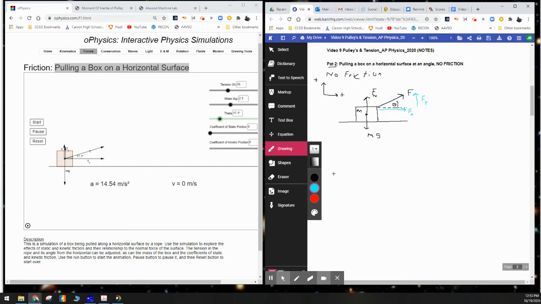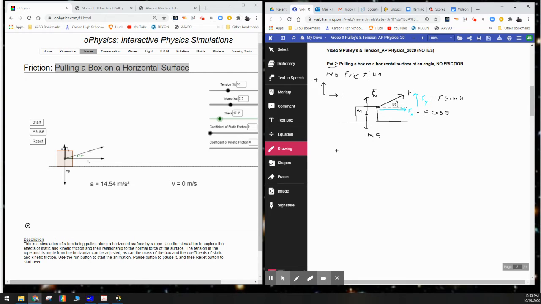Let me go back to black here. And so now, Fy is equal to F sine of theta, and Fx here is F cosine of theta. There we go.